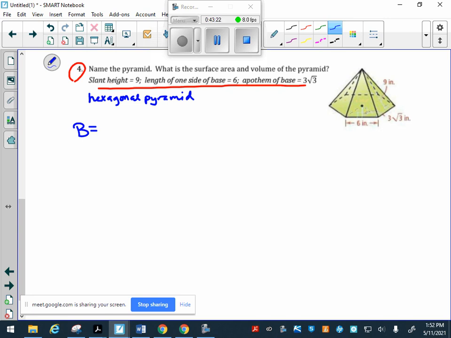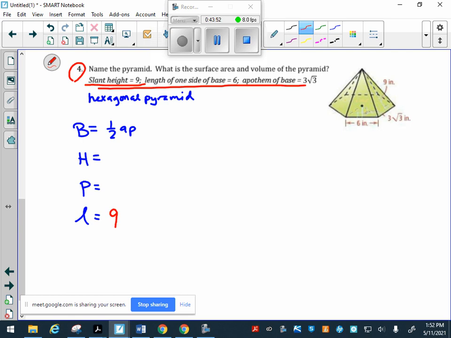Good, 1/2 AP. And P, don't forget to add the L. And it's slant height. When it's a pyramid or a cone, you have to have slant height on your list. Okay, so they tell us that the slant height is 9.